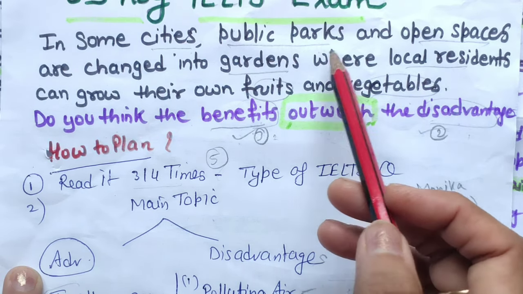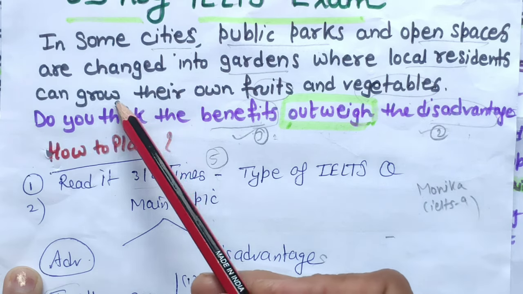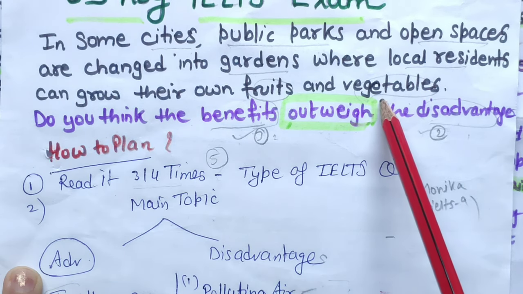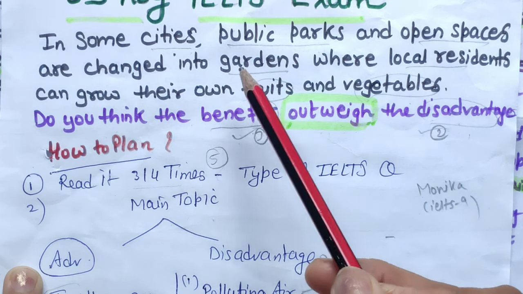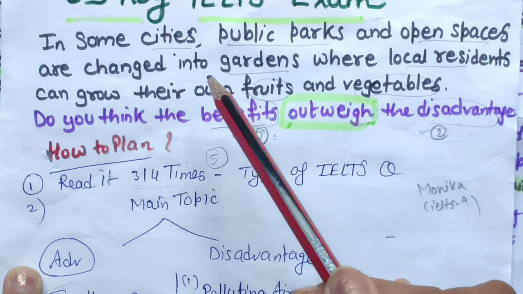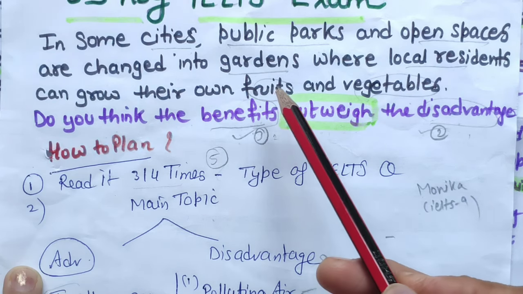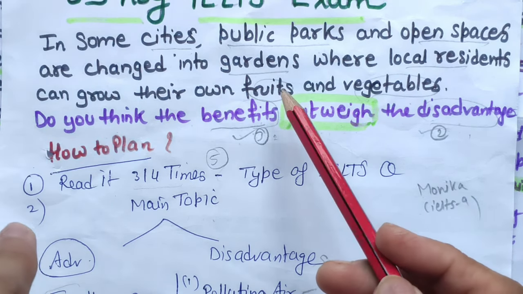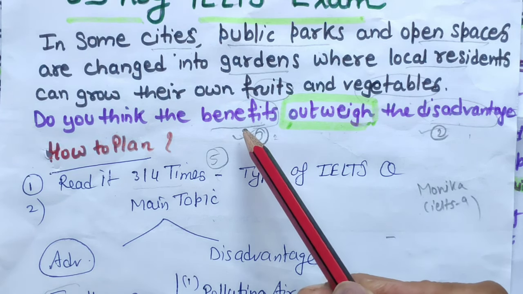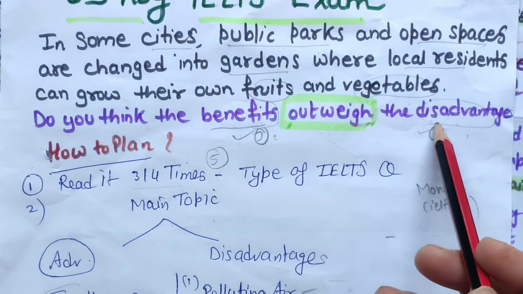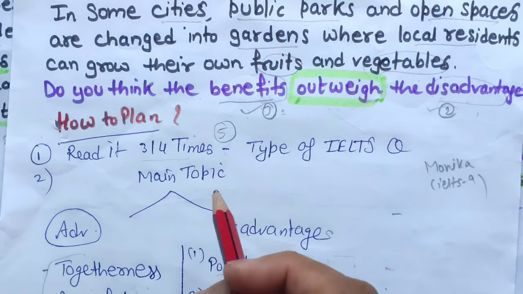Okay, so now I have understood that in some cities, some governments are trying to turn public parks into gardens where people can come and do gardening and agriculture. Do you think it has benefits or more disadvantages? That we need to brainstorm. So we have come to know the main topic.